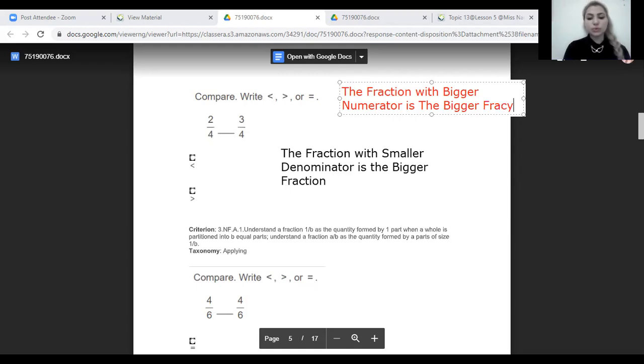So if it is the numerator that is big, the fraction is big. If the denominator is big, the fraction is small, because it's down, not in the up. So this is the rule.